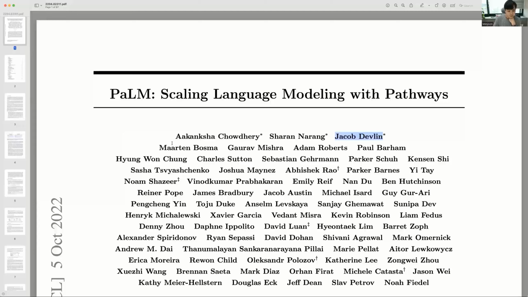Before talking about PaLM, I want to give you a brief overview of NLP in recent years. I think many of you know ChatGPT, which was released last December 2022, and it drew a lot of attention. And I think many of you also know that ChatGPT is based on the GPT-3 model, which was released in June 2020.